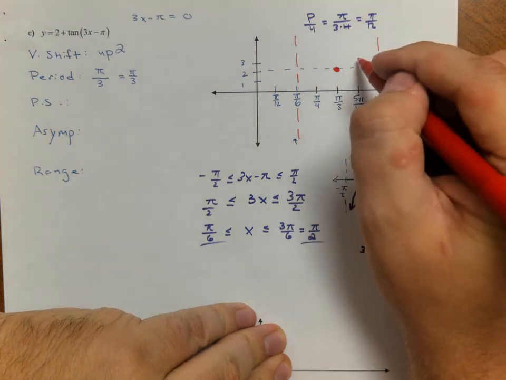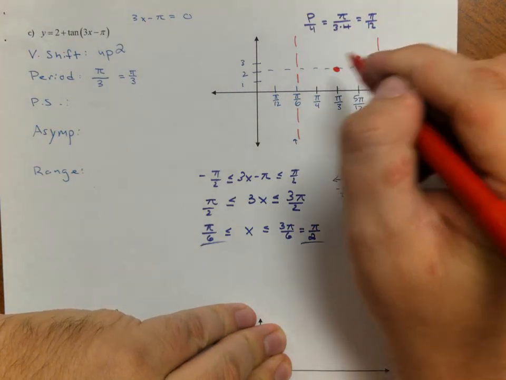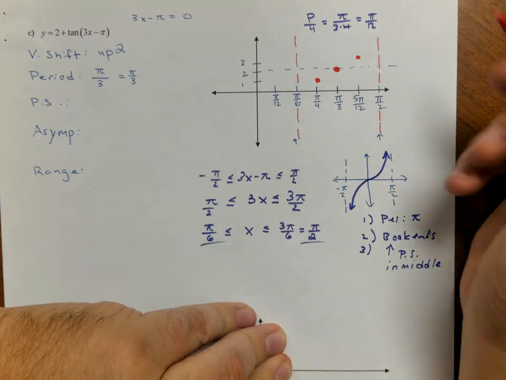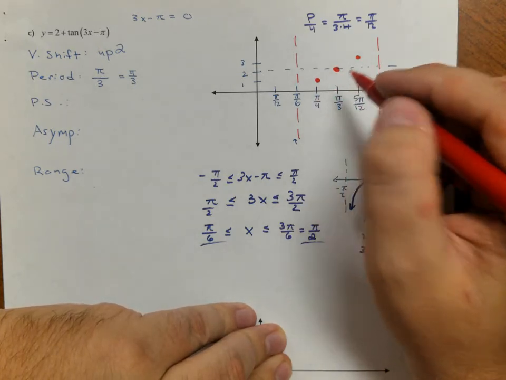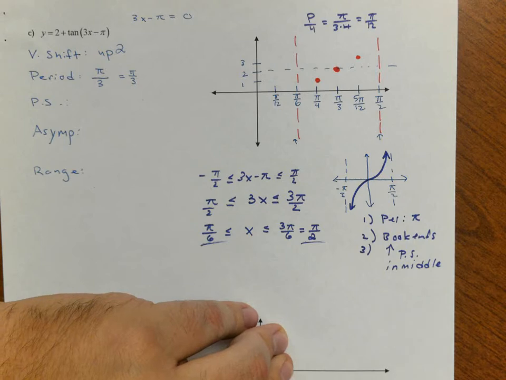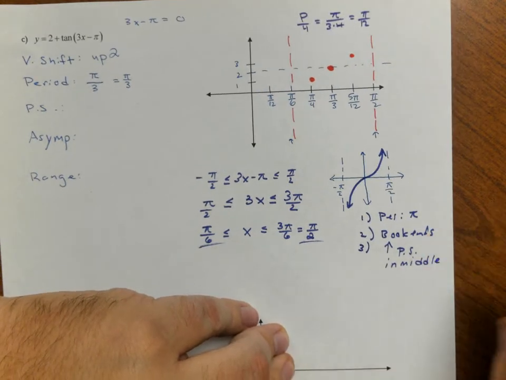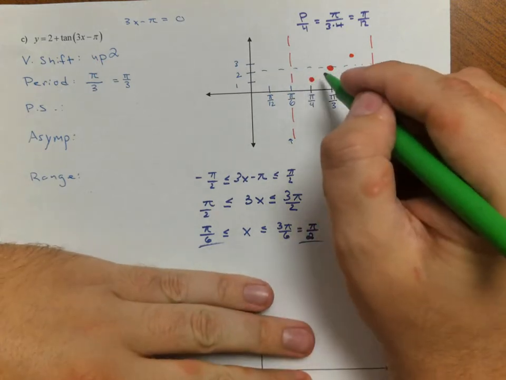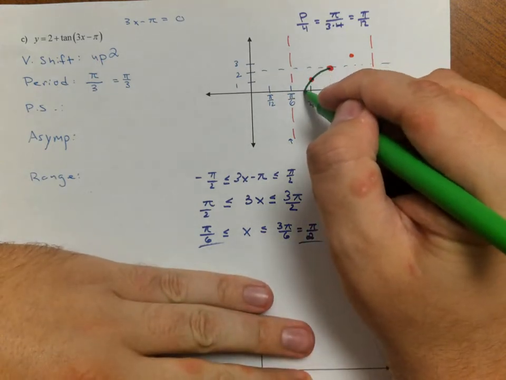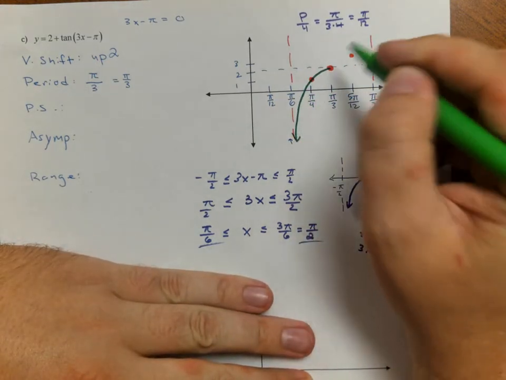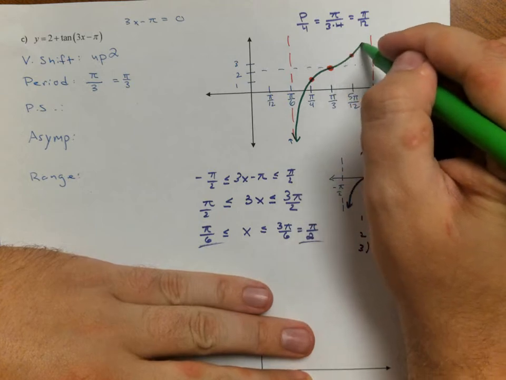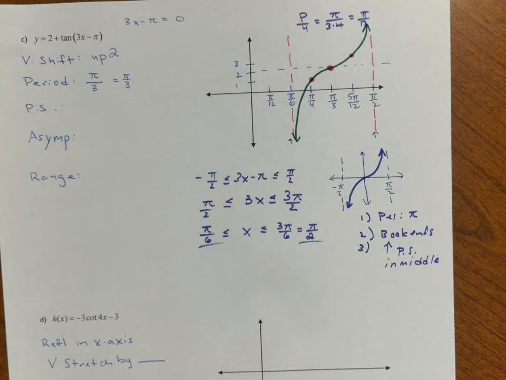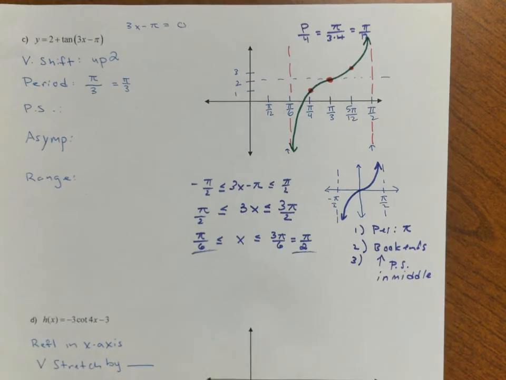Since there's just a 1, I will go up and down 1. Then as best as I can, I want to try and put a smooth curve through those points that gets close to those asymptotes. So let me go ahead and do that. That is my tangent function, that function in green.